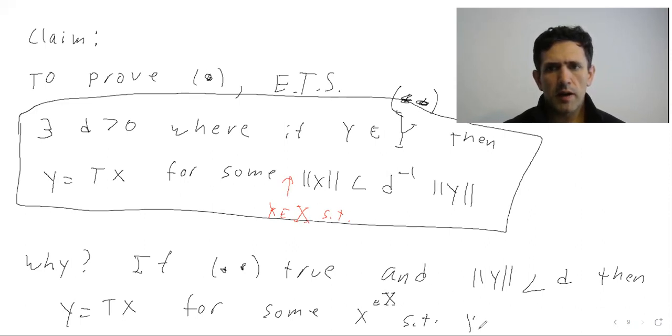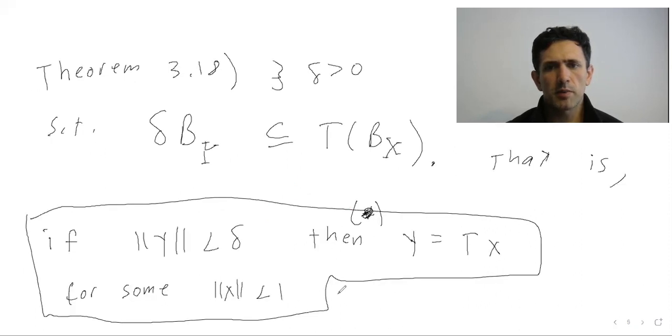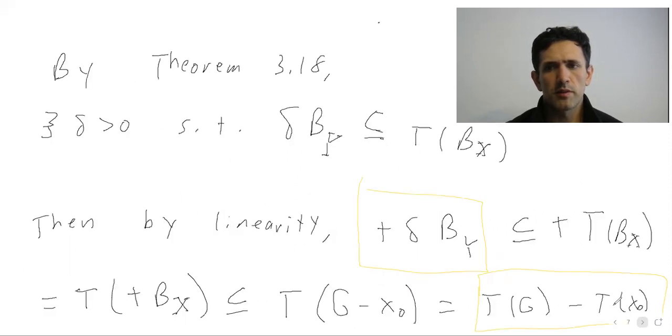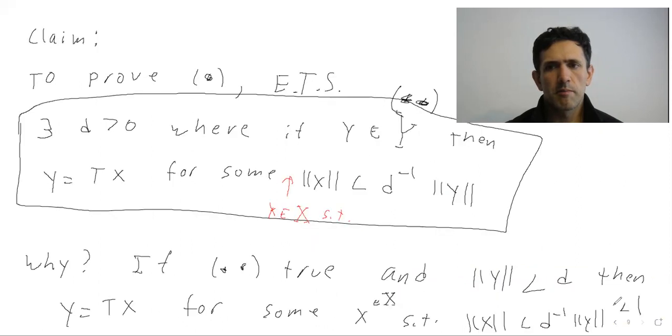Well, obviously this is going to have norm less than 1. That's exactly what we needed. We needed the norm of x to be less than 1. Okay, so again, pretty trivial yet extremely useful.